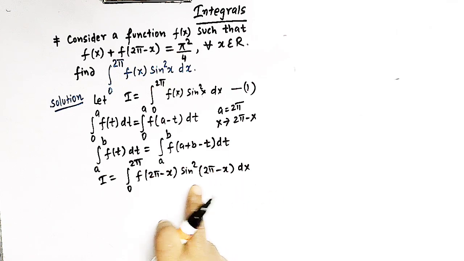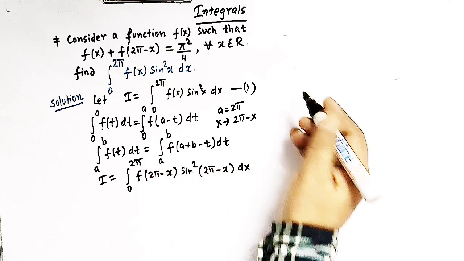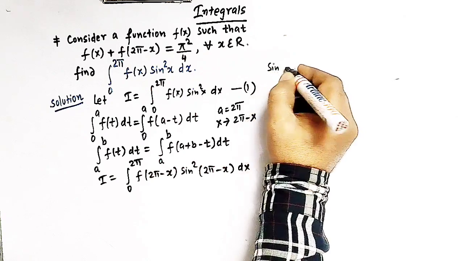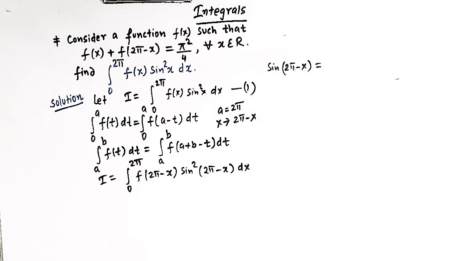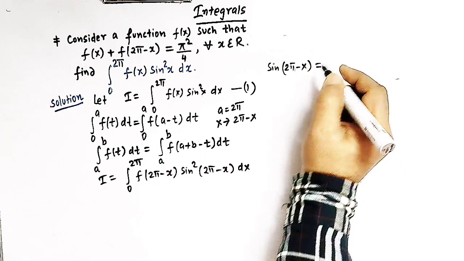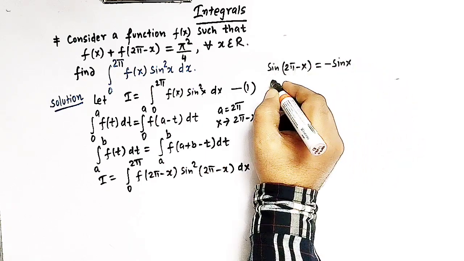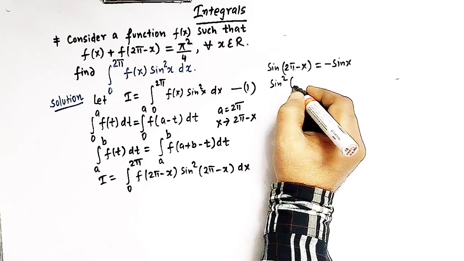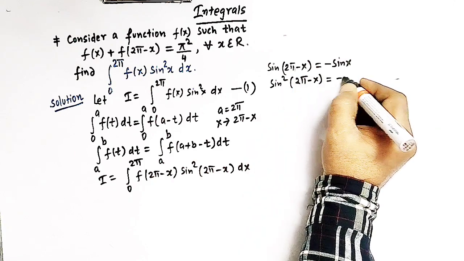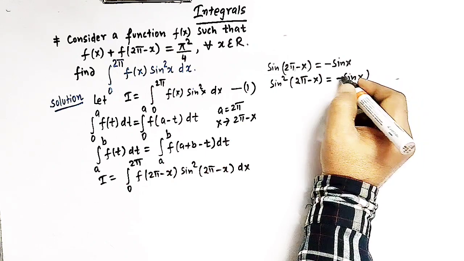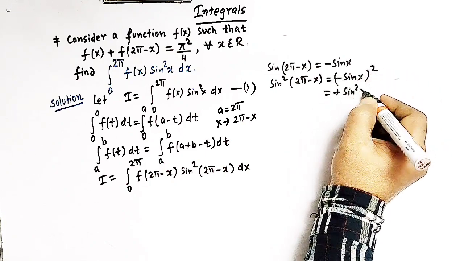Now let us take some help from trigonometry. Here we have sine of 2 pi minus x, and from trigonometry we know that sine of 2 pi minus x is given by minus sine x, so the square, sine square of 2 pi minus x, is given by minus sine x whole square, and that is positive sine square x.